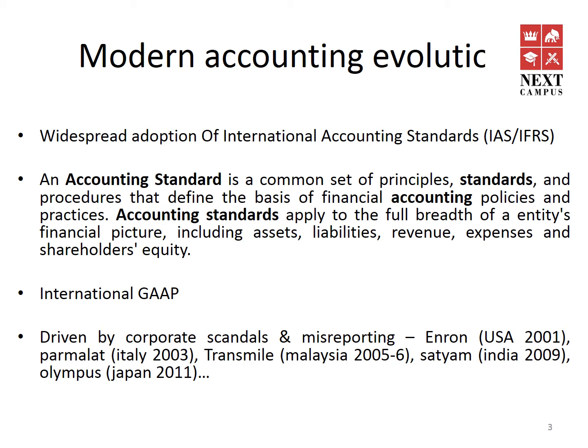So all these standards were introduced due to some corporate scandals, like we will learn them later. Enron scandal, Parmalat scandal, Satyam scandal, Olympus scandal in Japan. Likewise, where accounting transactions were reported in an incorrect manner. So once again, accountants have to go with the standards, IFRS or IAS.